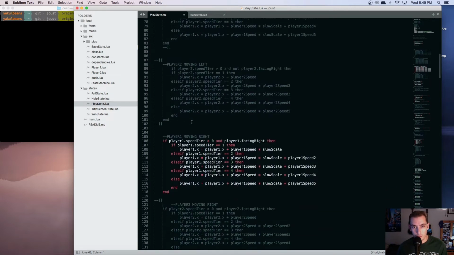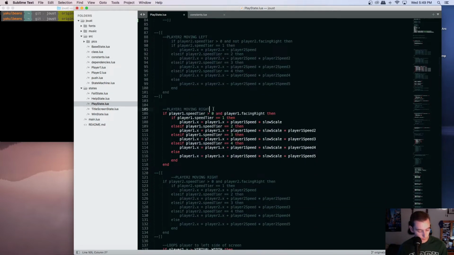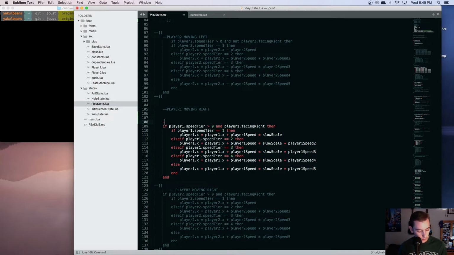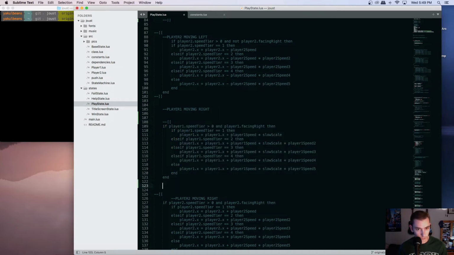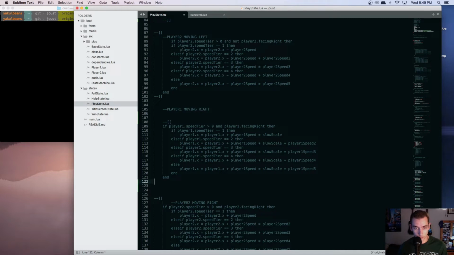So there's the moving left. Let's do the moving right. If I can get this skidding feature done in one session here, that would be amazing.